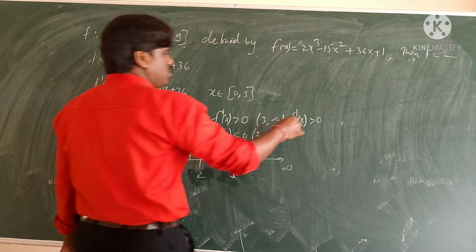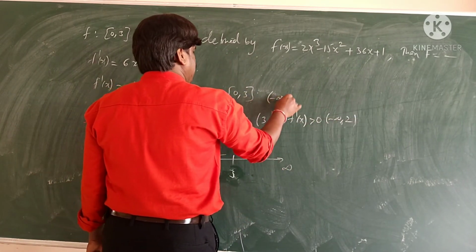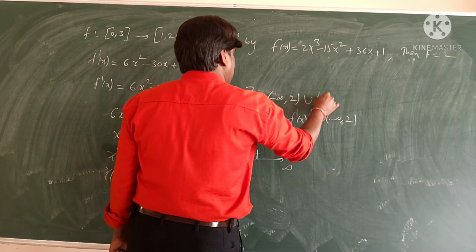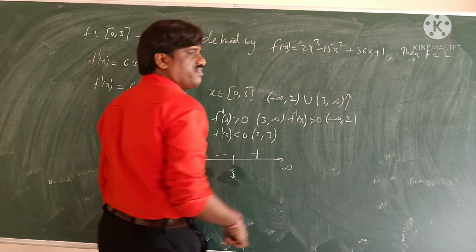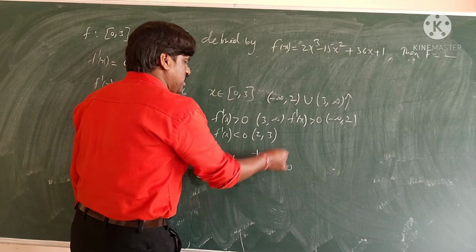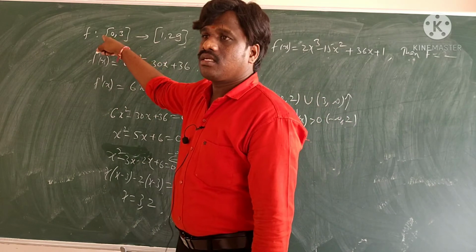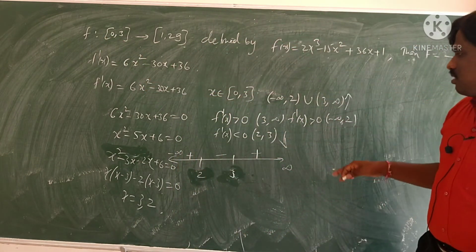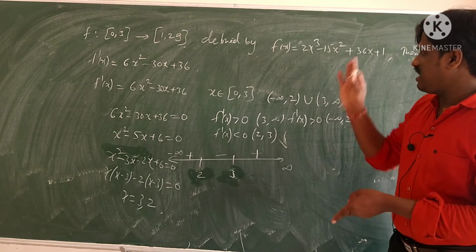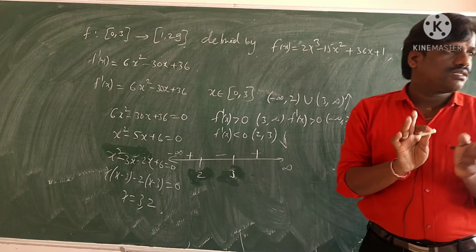Minus infinity to 2. So you can write minus infinity to 2 union 3 to infinity: f dash of x is greater than 0, increasing function. 2 to 3, it is a decreasing function. What is our domain? Oh, 0 to 3. So in 0 to 3 what is happening? Increasing or decreasing or both? Question clear? Not understood?